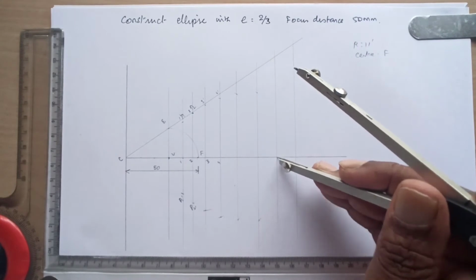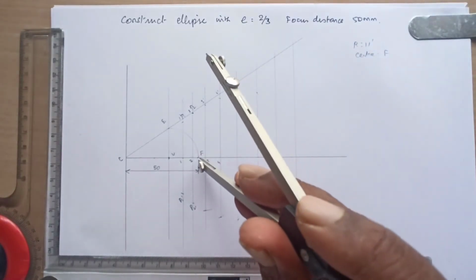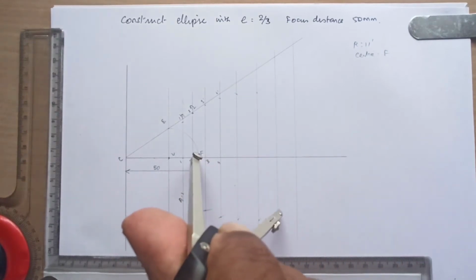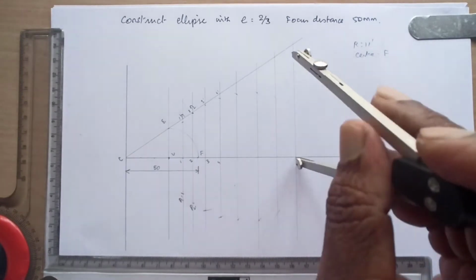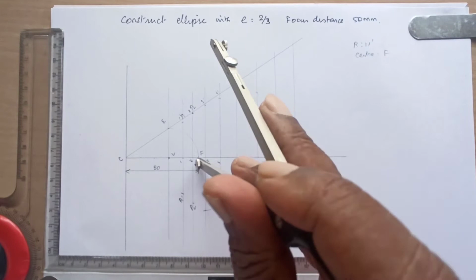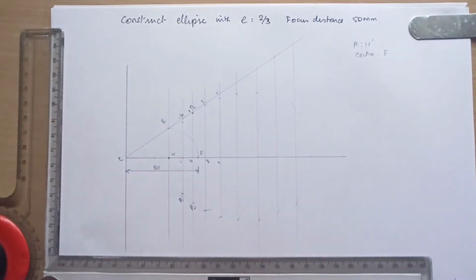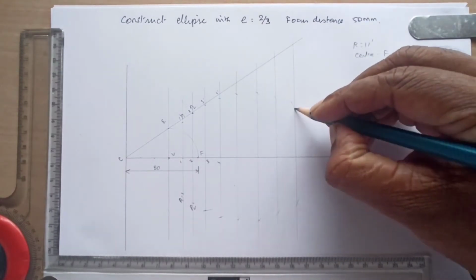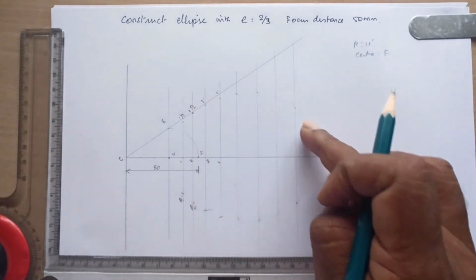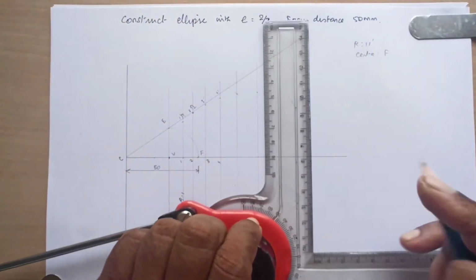Now this distance, 7 dash, you can mark these two cutting points. Similarly this one, and then from this F I am cutting here as well as here, so it is going to be this. Still a few more points are needed to complete this ellipse, so we can draw a few more points like this.